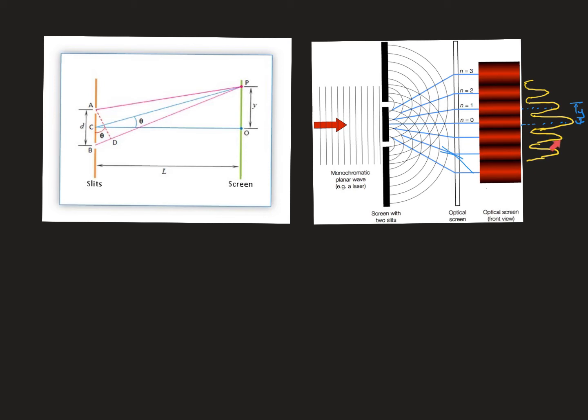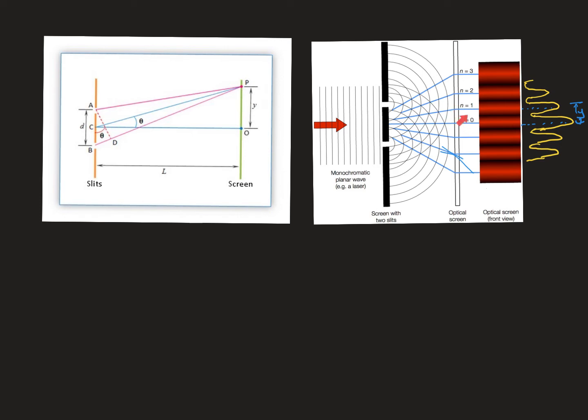And if you look at these waves, what we are going to look at is how the distance from the central maximum to the first order maximum and third order maximum is affected by the length between the screen and this optical screen where we get the image, and also how it affects the angle. And also, if we send a particular wavelength, what would be the distance.